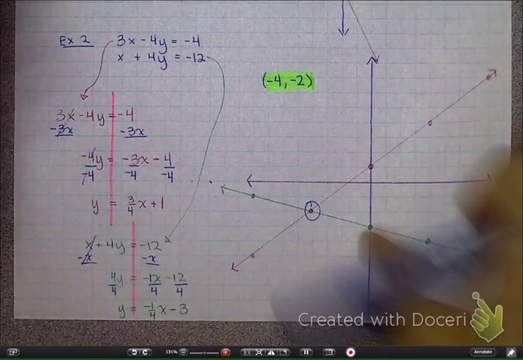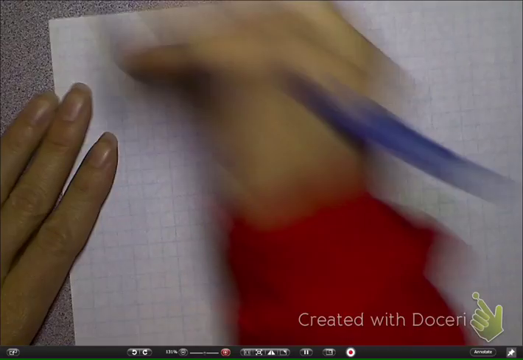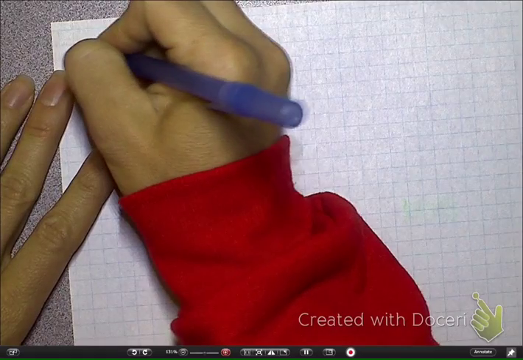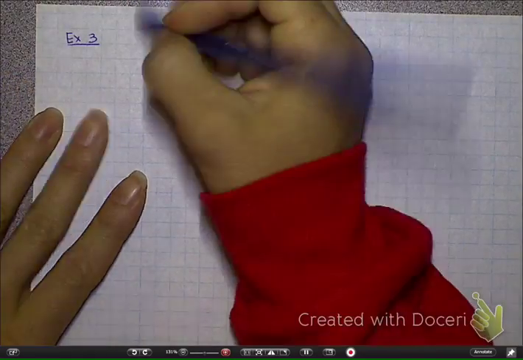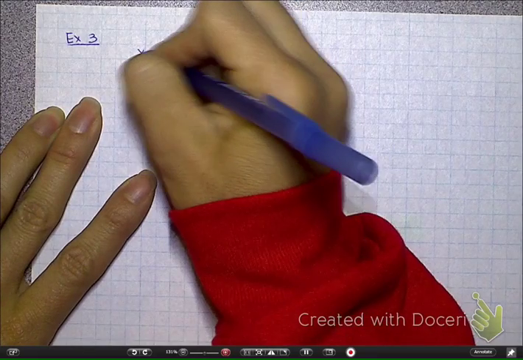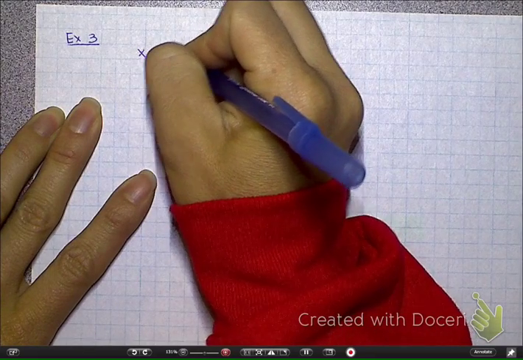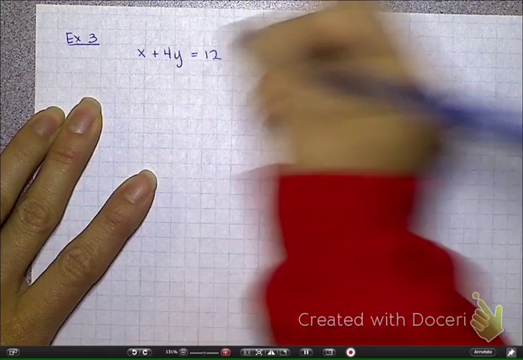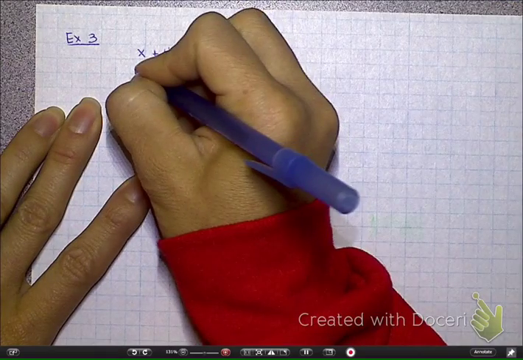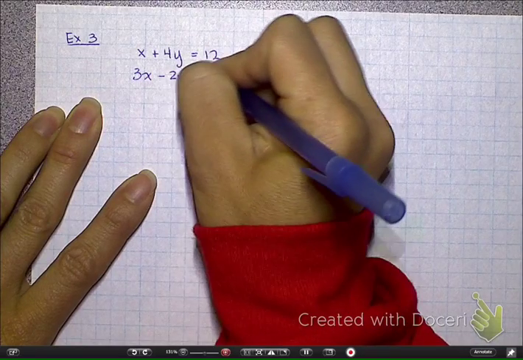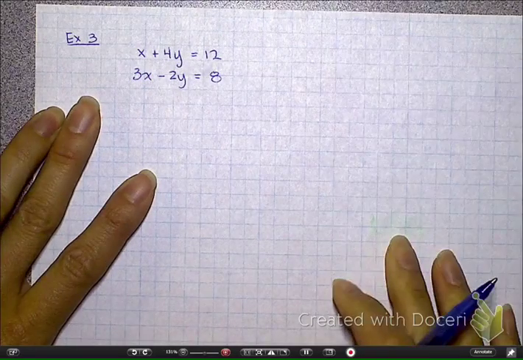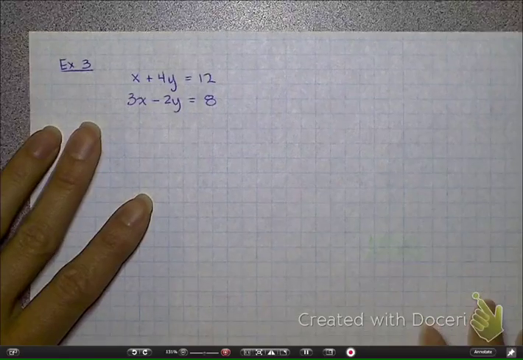Okay, all right, so here's your last example that I want you guys to try to do either on your own or in your groups. Okay. So go ahead and give that one a try.